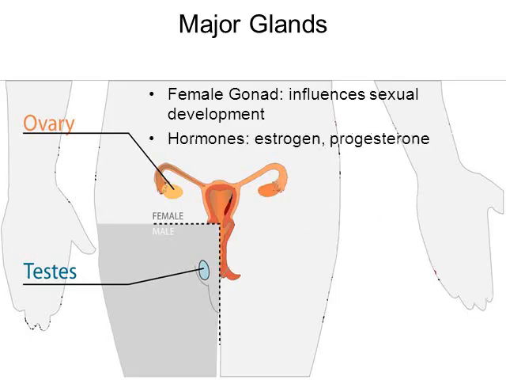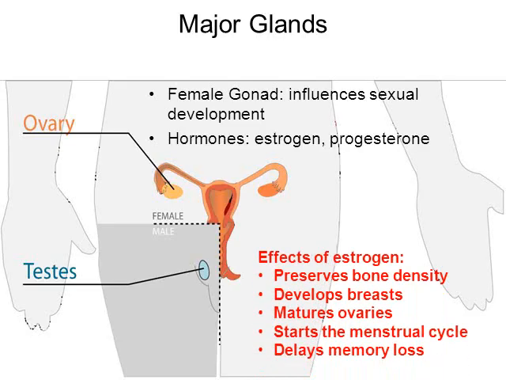And the hormones released by the ovaries are called estrogen and progesterone, and these hormones are released in very large amounts when a young lady enters the puberty years of her life. And so these hormones, estrogen and progesterone, kind of influence sexual development. And here's a list of some of the effects of estrogen. Develops breast tissue, helps mature the ovaries, starts the menstrual cycle, preserves bone density.